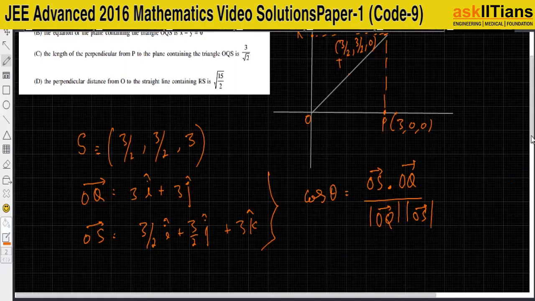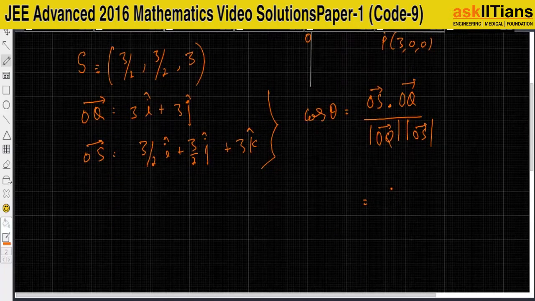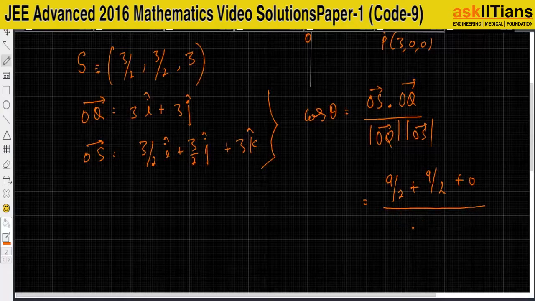So from here if I solve this, I get 9 by 2 plus 9 by 2 plus 0 divided by magnitude of this, that's 3 root 2, and magnitude of this vector will be under root of 9 by 4, 9 by 4, so that's 9 by 2, plus 3 square, that's 9.